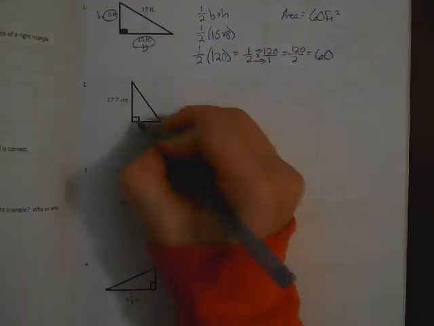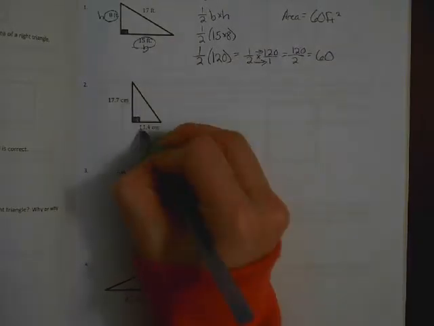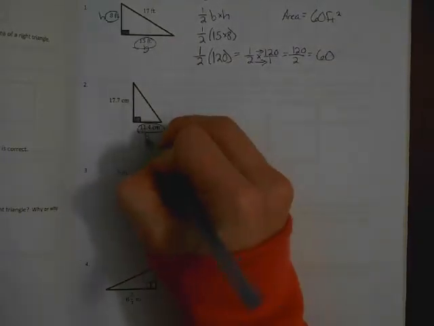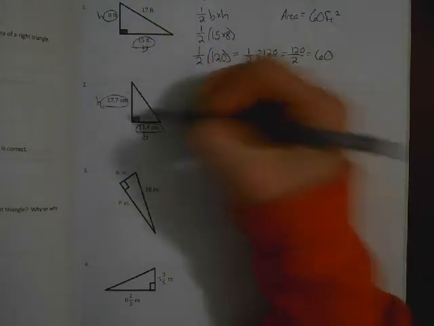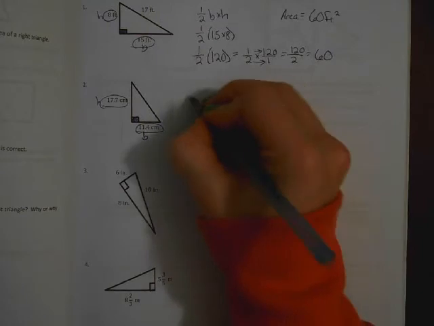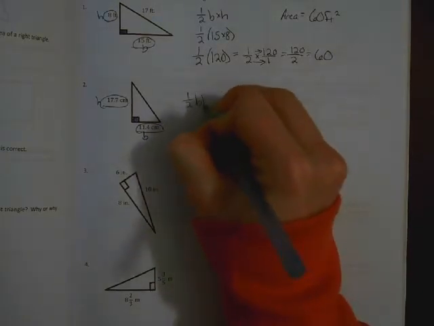So we go to the next one. I look at where that right angle is and see what my two lines touching it are. I have my base and I have my height. Remember, the height is the line that's straight up and down. So that would be 1/2 base times height.